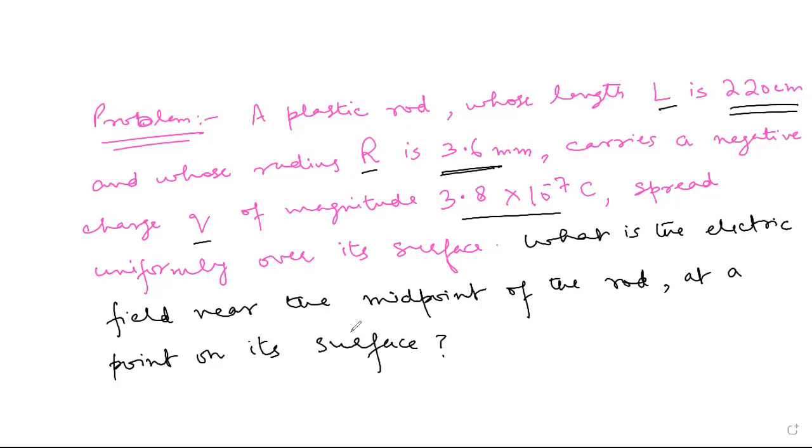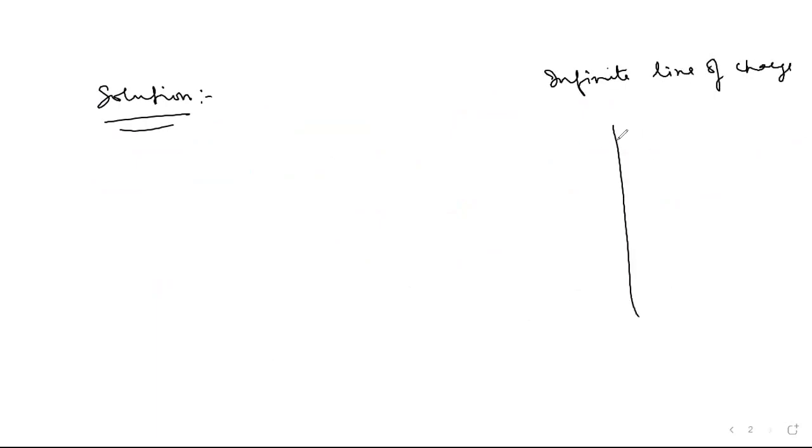Right? So before going to the solution, let me refresh your memory. If I have an infinite line of charge, for example, it can be positively charged, it can be negatively charged, right?